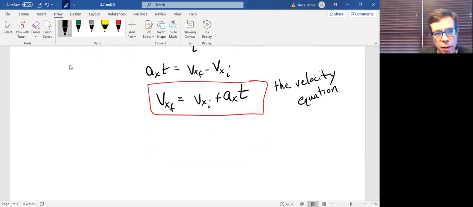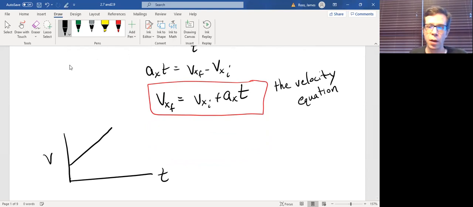Well, let's look at this. If we have a v versus t, and we have a constant acceleration, thus a constant slope on v, then v average is just the average value of that.